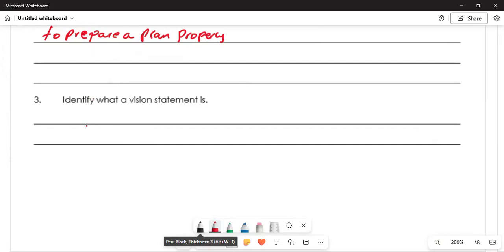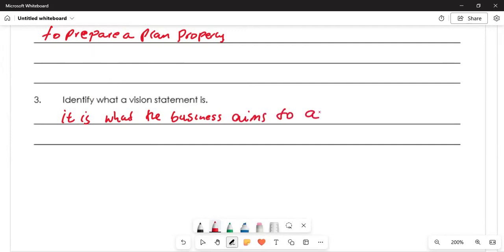A business vision statement is a statement of what the business aims to achieve in the medium term or long term.